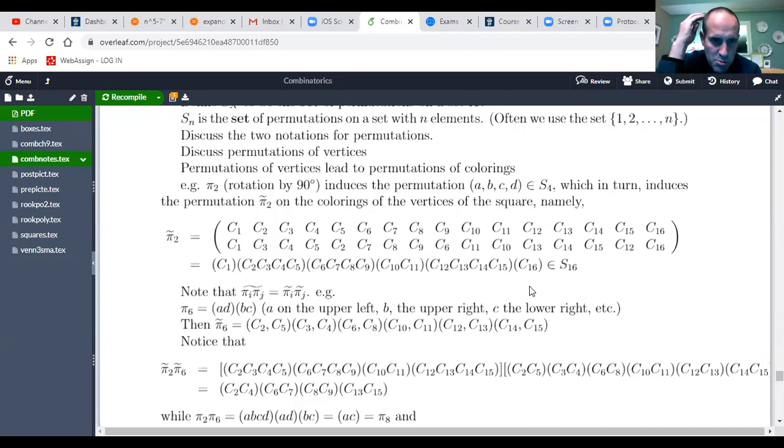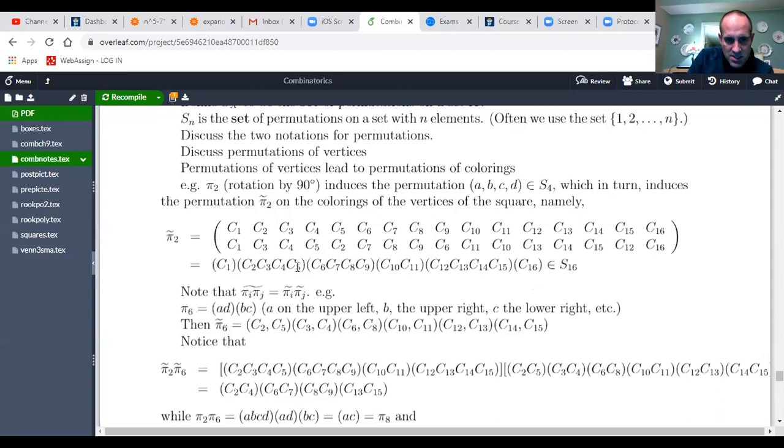Remember that was that grouping of 4 colorings we had above. And then you see that C6 goes to C7, which goes to C8, which goes to C9, and C9 goes back to C6. C10 and C11 rotate into each other, okay? So they're in a little cycle. Same thing with C12, 13, 14, and 15. They're in a little cycle, and C16 is fixed by 90-degree rotation.